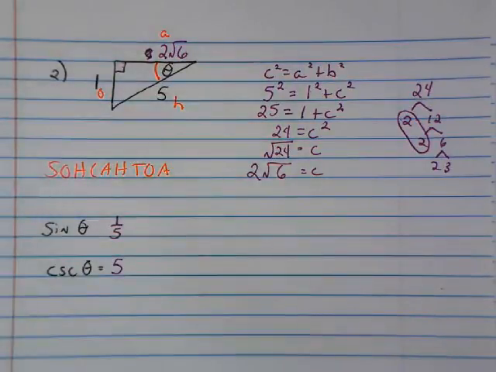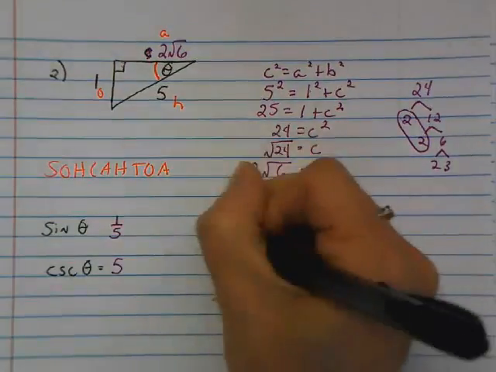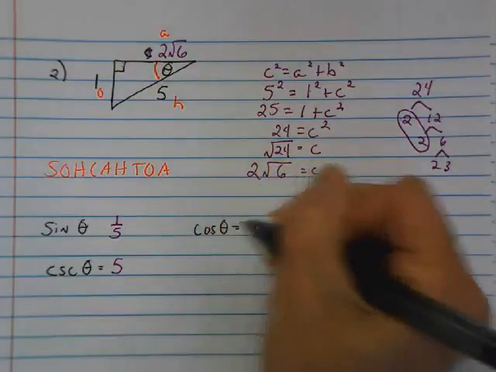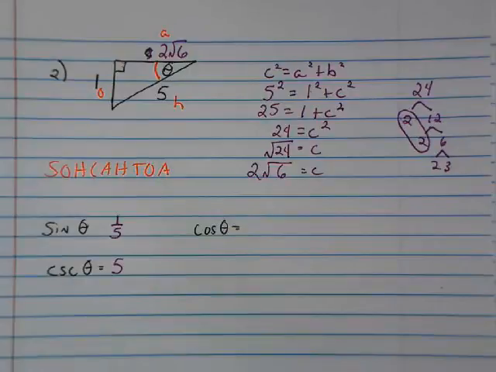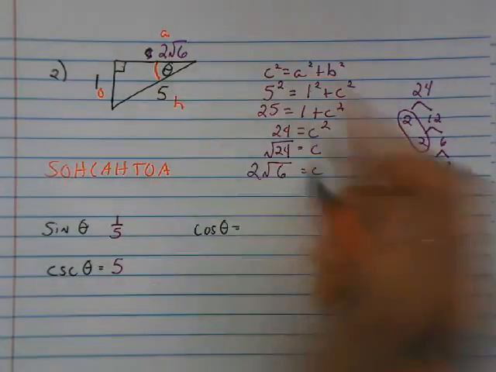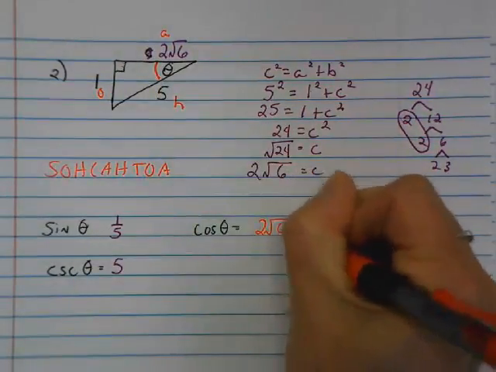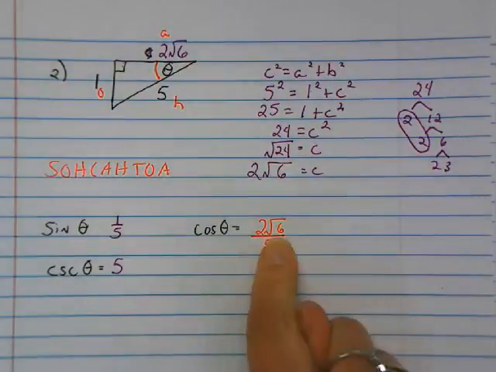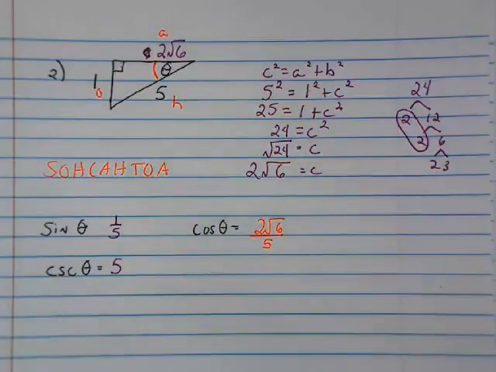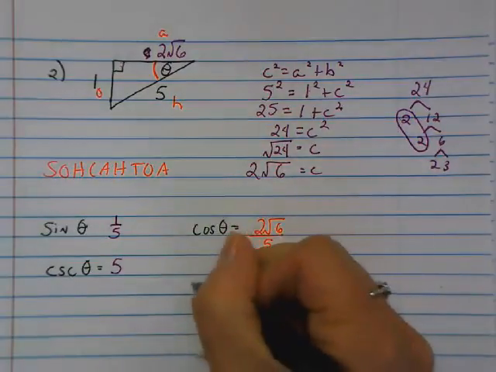Alright, let's look at cosine. Cosine of theta is A and H. So A is 2 square roots of 6 over 5. Now that is okay because the radical is in the numerator. Radicals can be in the numerator. It's when I look at the secant that I'm going to have issues.